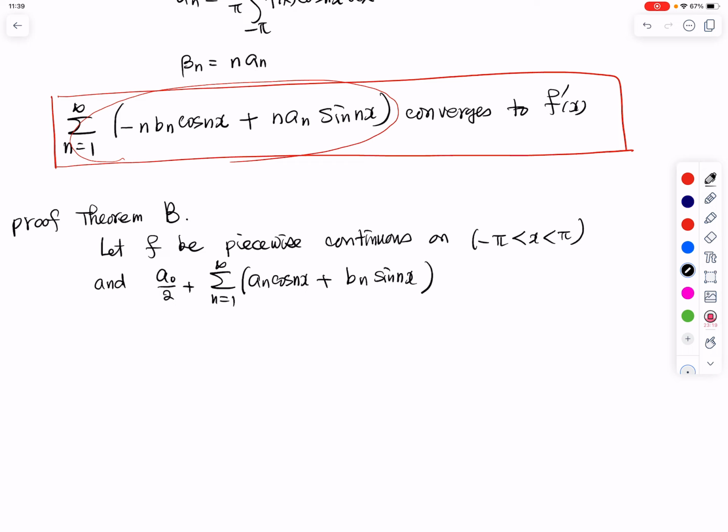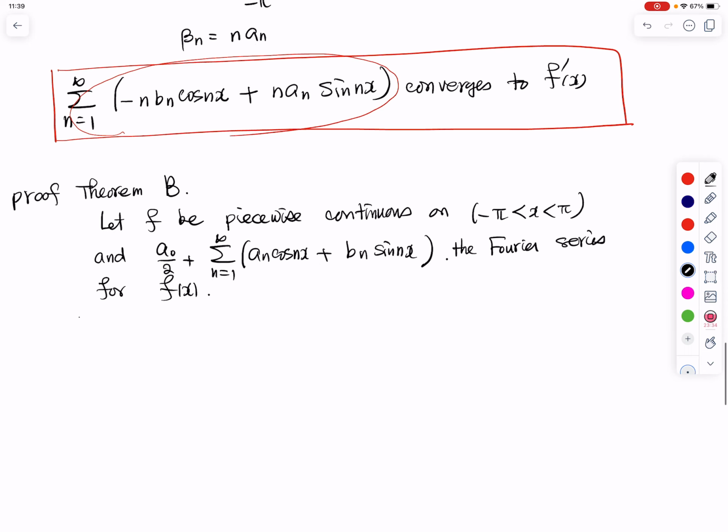Okay, so this is the Fourier series for f of x.